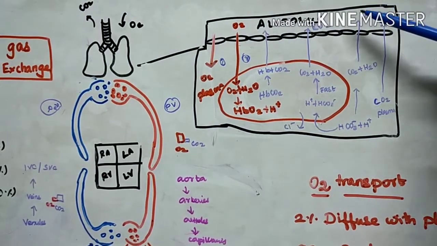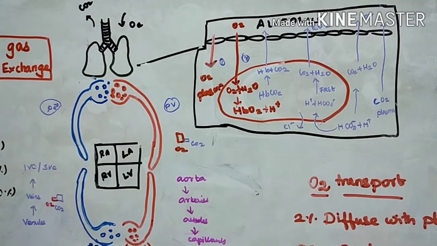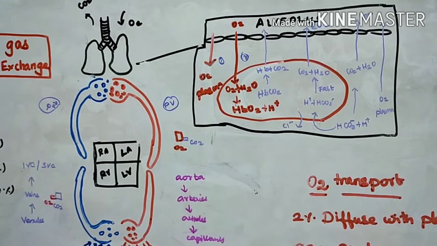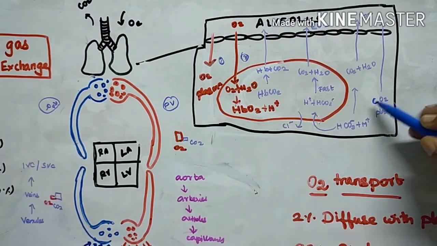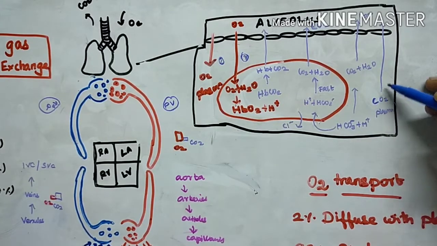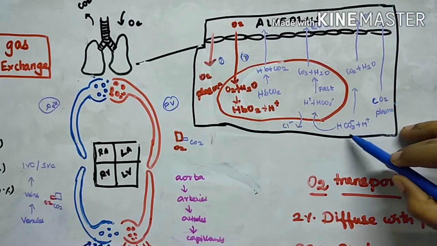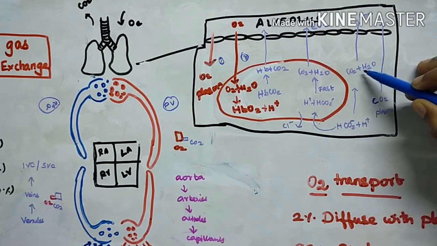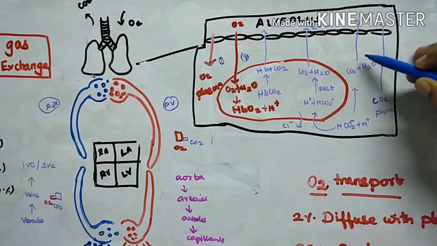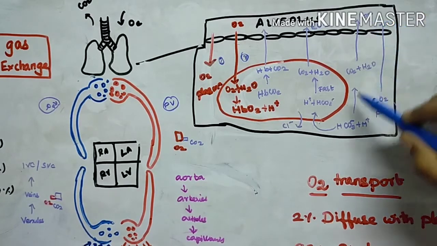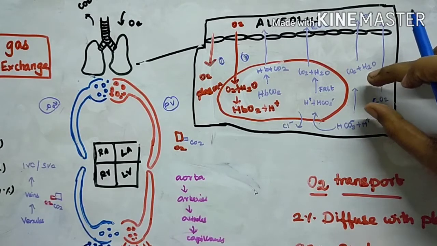Now we will look at CO2 transport. The reaction that occurs in the tissue happens in reverse in the alveolus. Here CO2 diffused in plasma goes directly to the alveolus, and bicarbonate splits into CO2 and water, H2O, then goes to the alveolus.